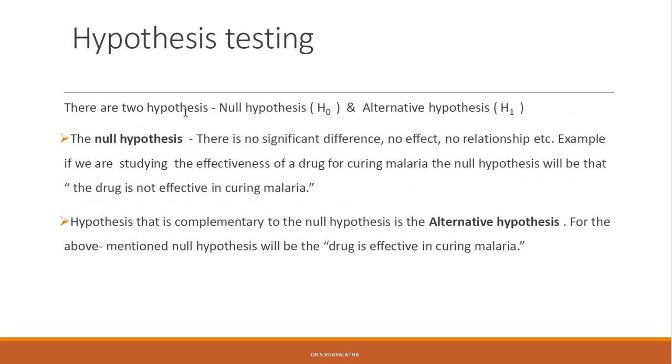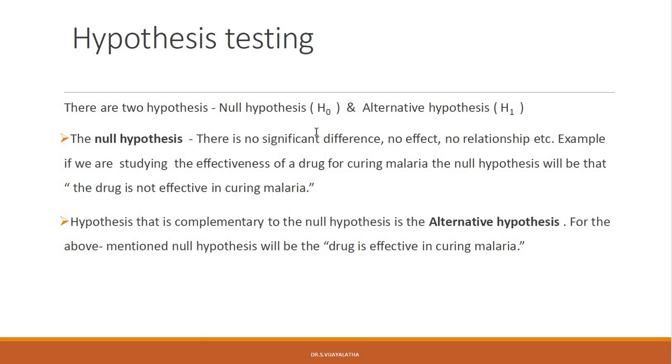Moving in detail, hypothesis testing. A test of significance comes into play only when we have a hypothesis to be tested. To decide whether to go in favor or against a hypothesis can be made much more clear when we state it in the form of a null and an alternative hypothesis.